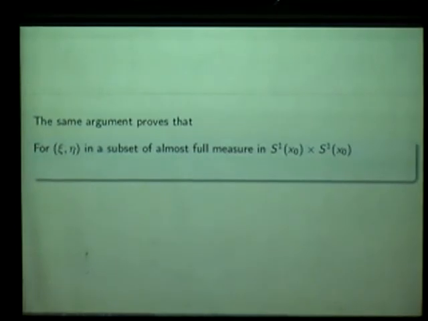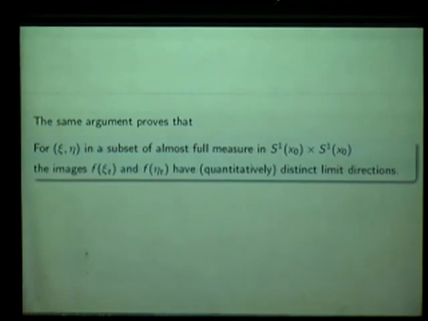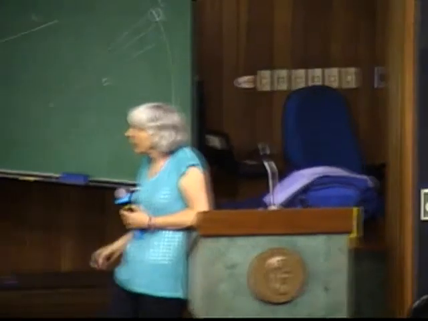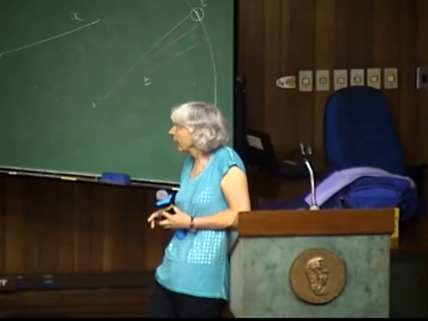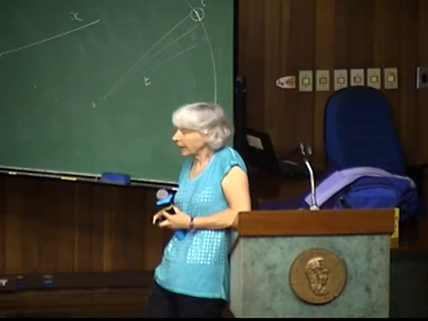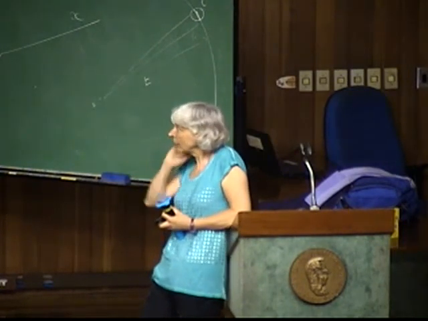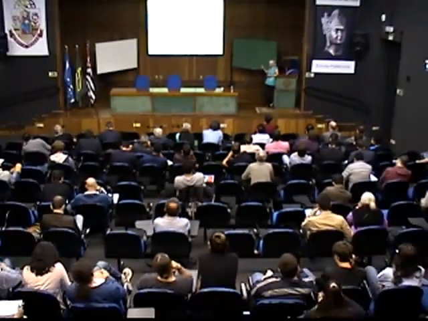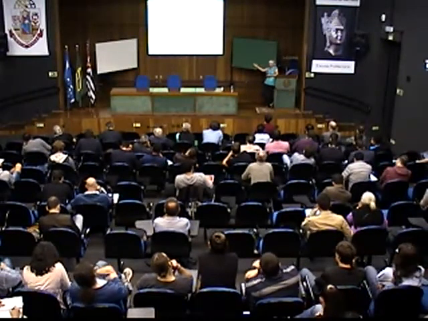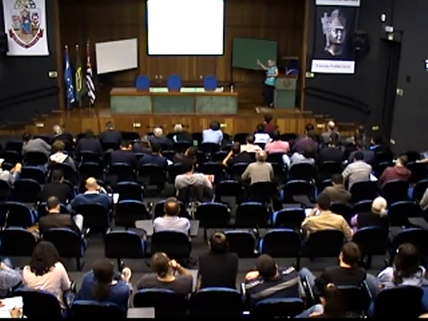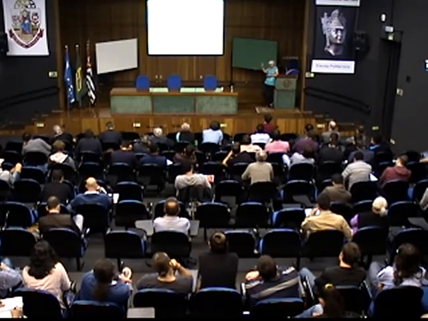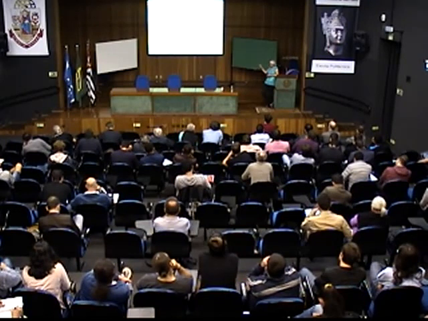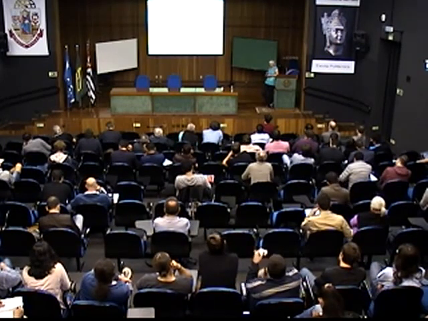Okay, and I will just end by saying that the same type of volume argument proves that for a couple of unit tangent vectors in a subset of almost full measure, not only do the images of the corresponding geodesic rays have limit directions, but they have distinct limit directions. You can quantitatively bound below the angles between the limit directions.